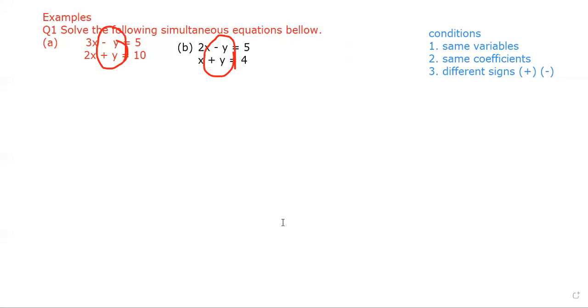Why are we eliminating? Because if you confirm, same variable, we've got y, same coefficient, we've got 1 and 1, and it's different signs. So that means the middle part we're going to eliminate. Remember, this is equation 1 and that is equation 2.